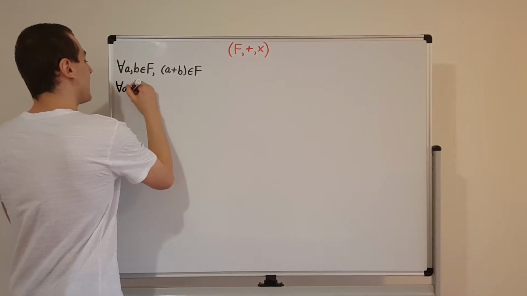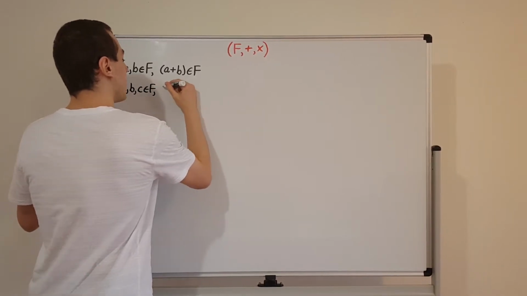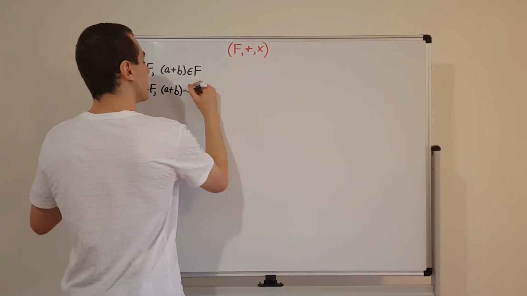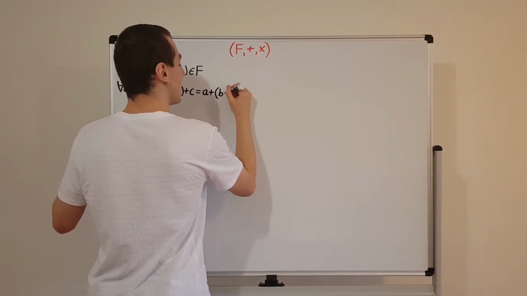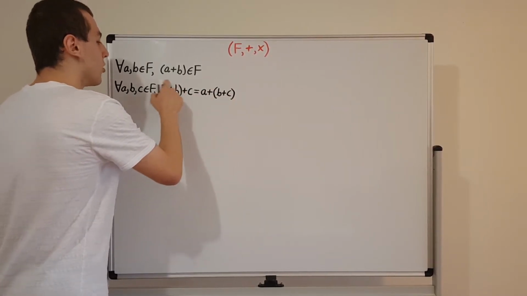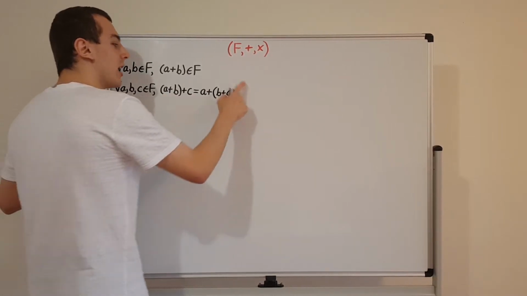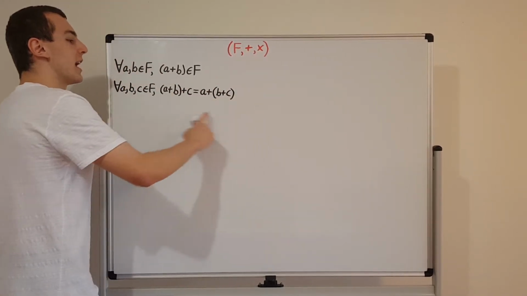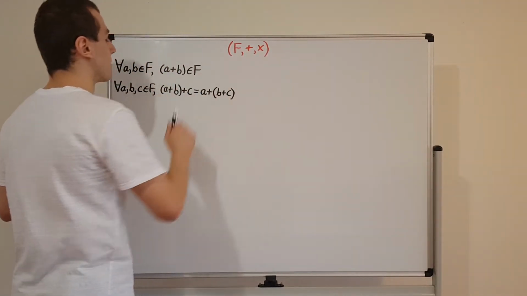For all A, B, and C that are elements of the field, I want A plus B evaluated first and then added to C to be equal to A plus the sum of B and C. The only difference between these two lines is that over here I am first evaluating the sum of A and B and then adding that to C. And over here I am first evaluating the sum of B and C and then adding that to A. So this is known as the associative property or associativity. And addition is associative for a field.